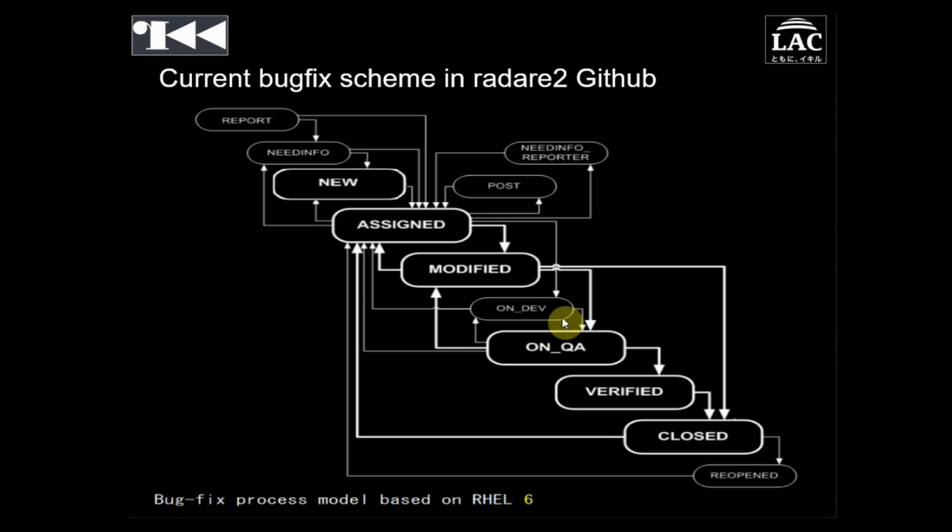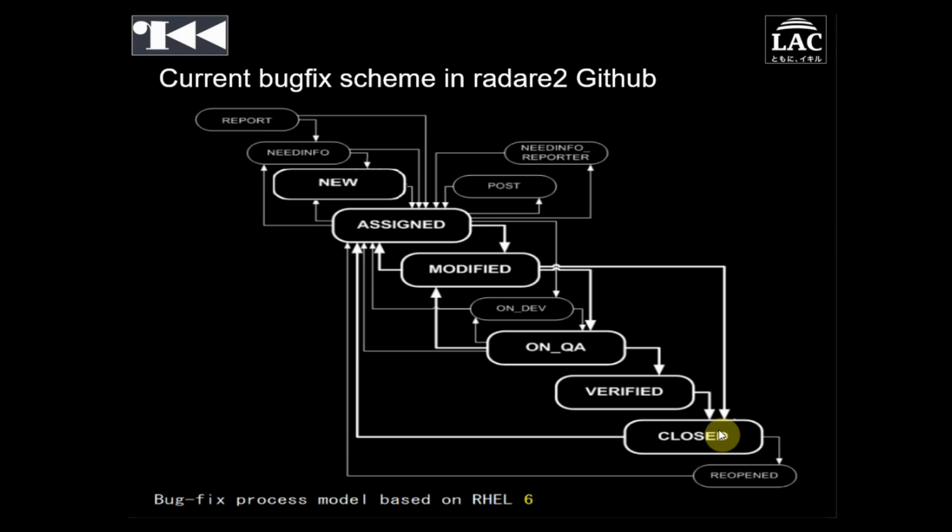And development will be started. After development is started, it will go through this loop again. Is it going to be modified or not modified? And after that it goes to quality control. Mostly Pancake is handling this stuff and verifying, and then the bug will be closed.